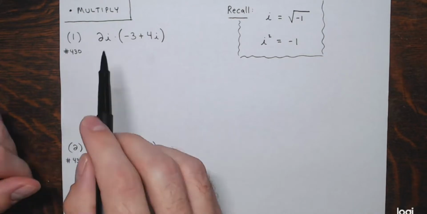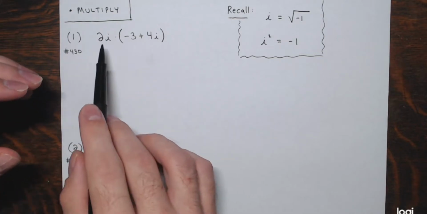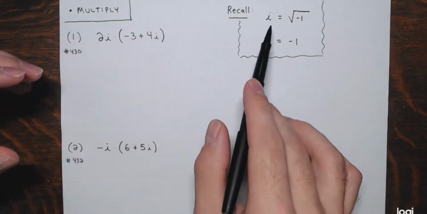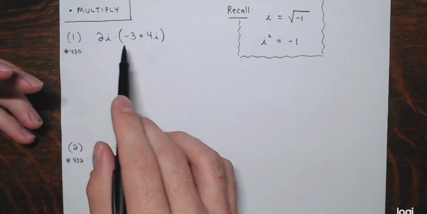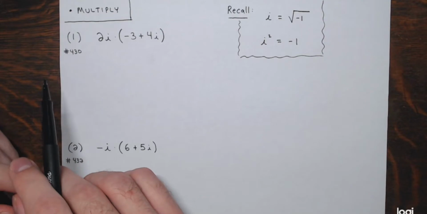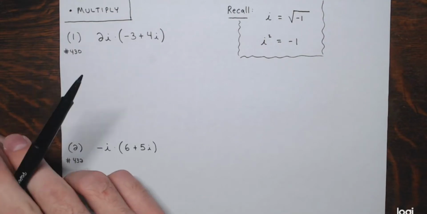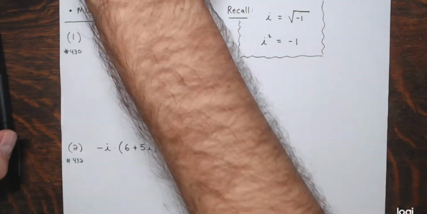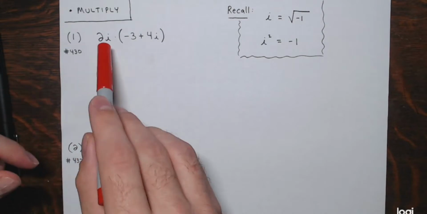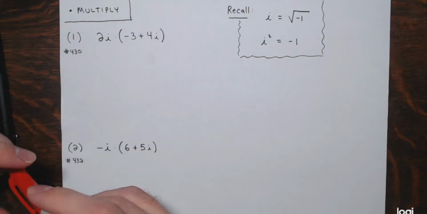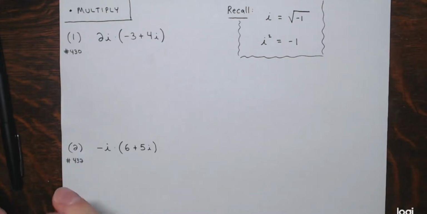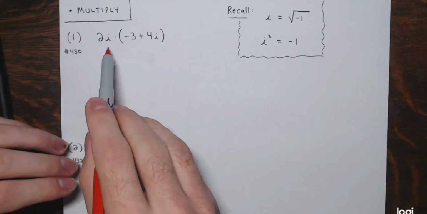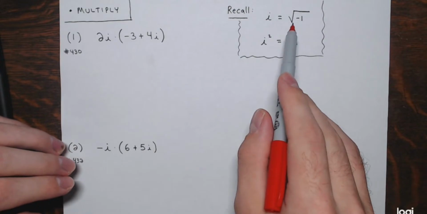And when you're multiplying complex numbers, numbers with imaginary parts, multiply just like you would multiply polynomials. You just use polynomial multiplication, and treat i just like you would treat x.